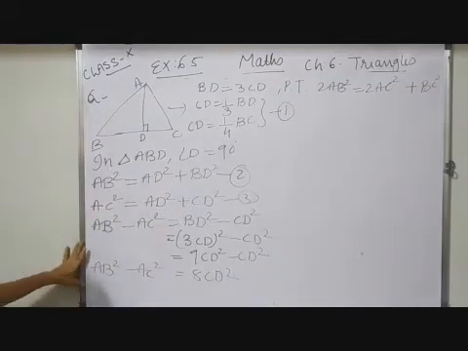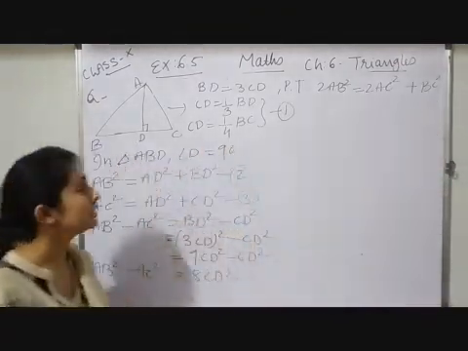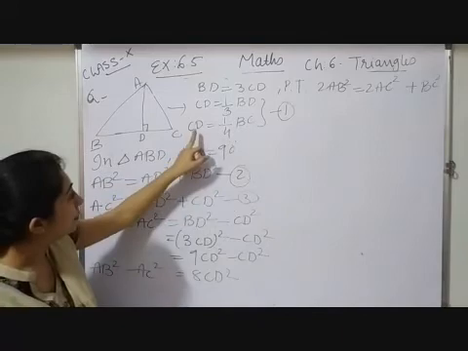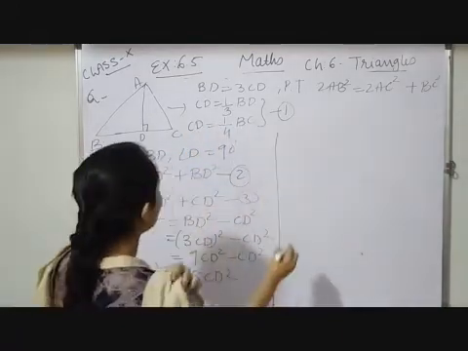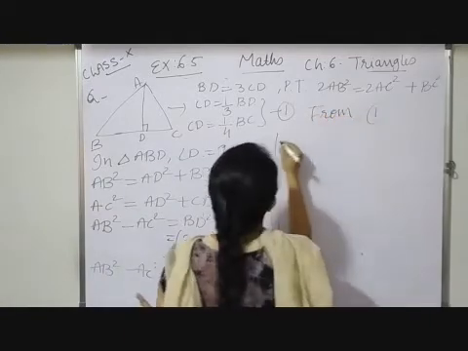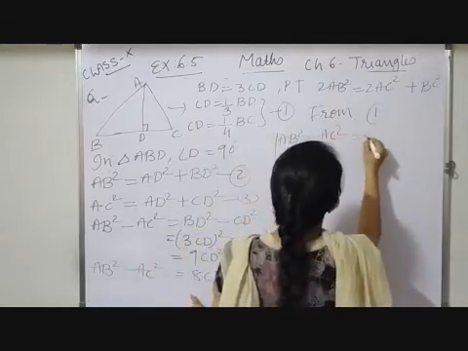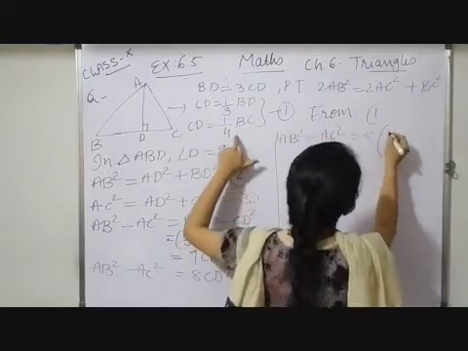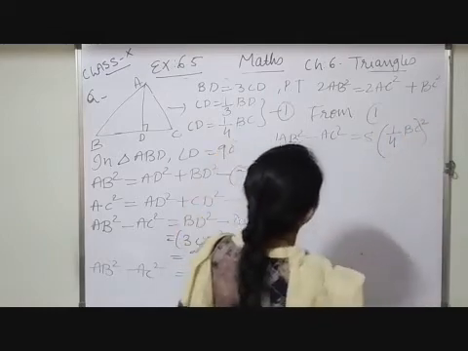Now in place of CD, because here I want BC in my RHS, may I write 1/4 BC here? So from 1, AB square minus AC square equals 8 times, in place of CD, I am writing 1/4 BC whole square.